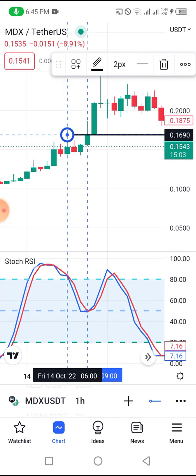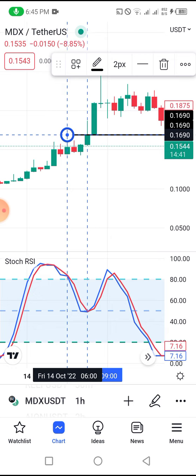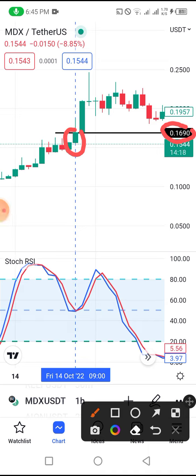So that was the closing price of this green candle that the vertical line has touched. Pardon me, I'm seeing a number of lines here. Okay, all right, so I have only one now. This is the price at which this green candle closed.